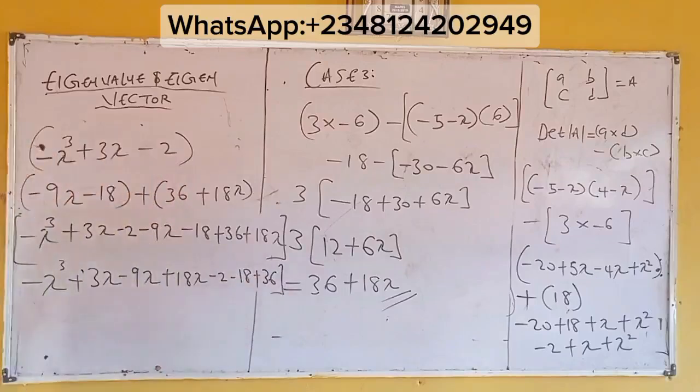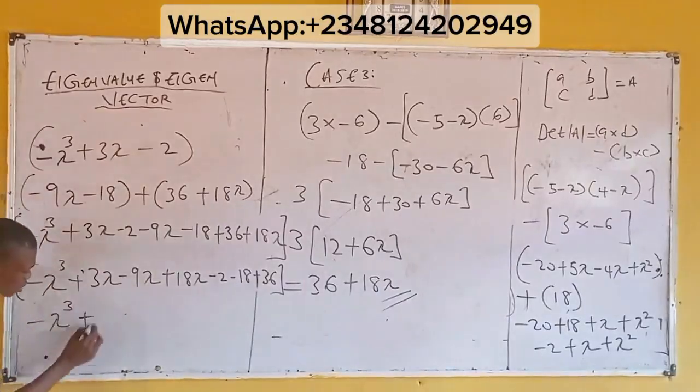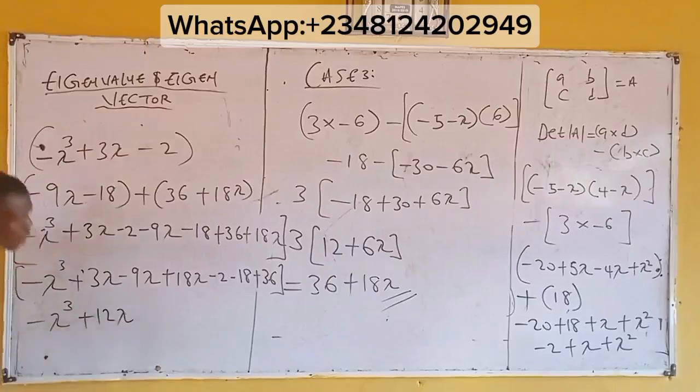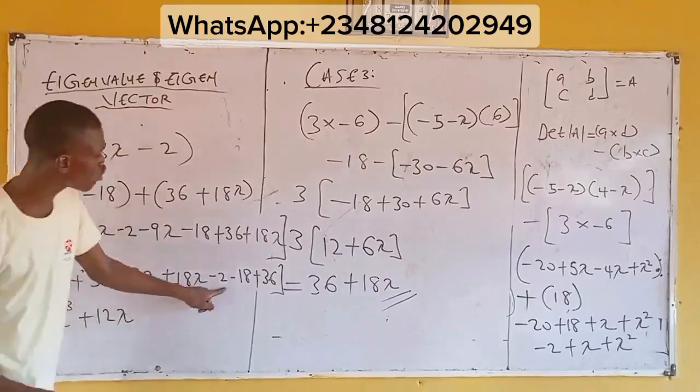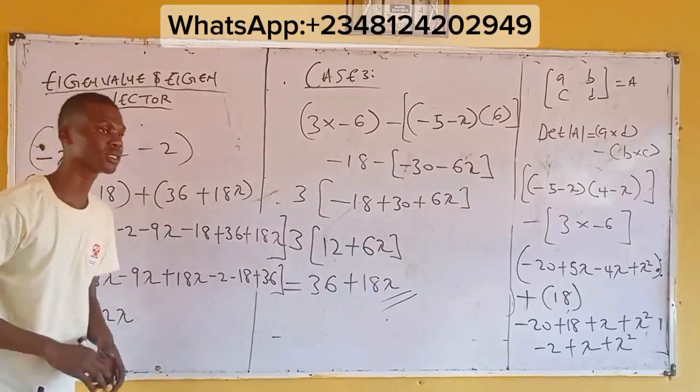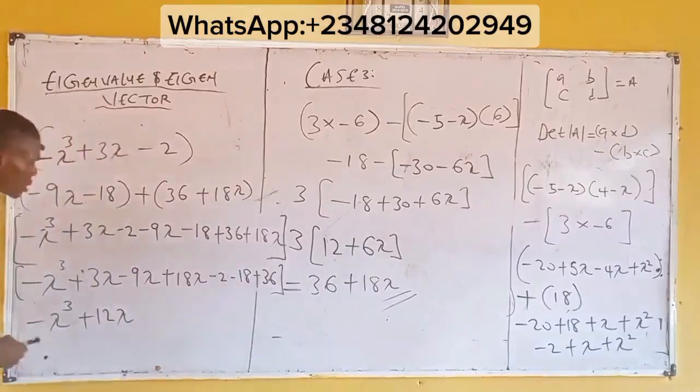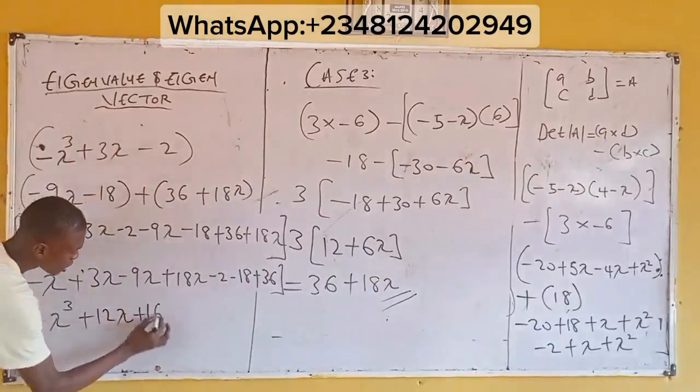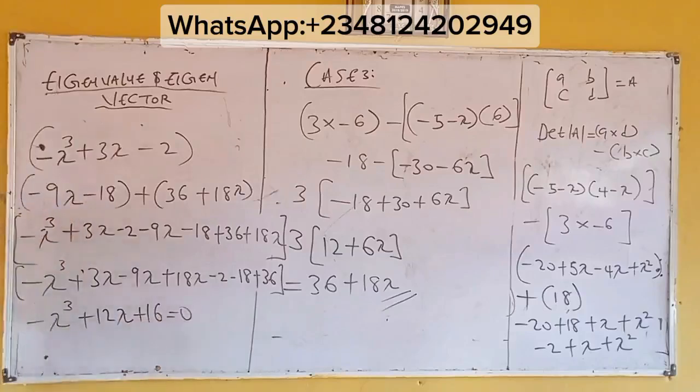So from here, what do you have? This is negative lambda cube, 3 minus 9 plus 12. That was minus 6 plus 18. Minus 6 plus 18, that's what? That's 12. Plus 12 lambda minus 2 minus 18 plus 36. That's 16, right? That's plus 16 equals to 0.